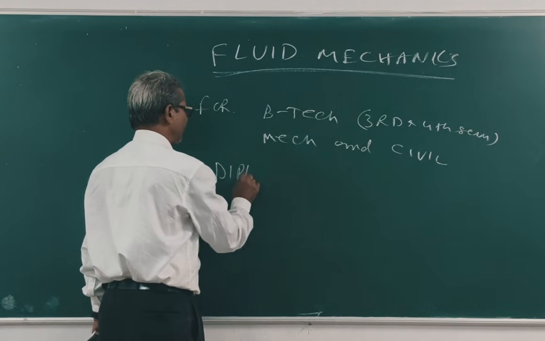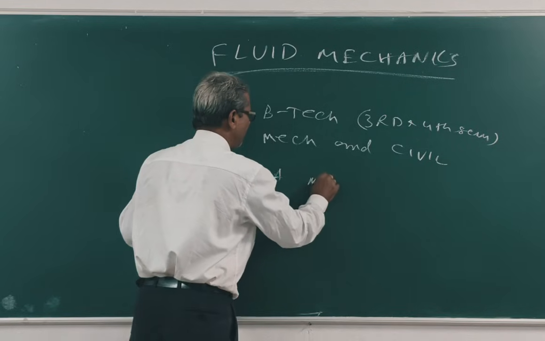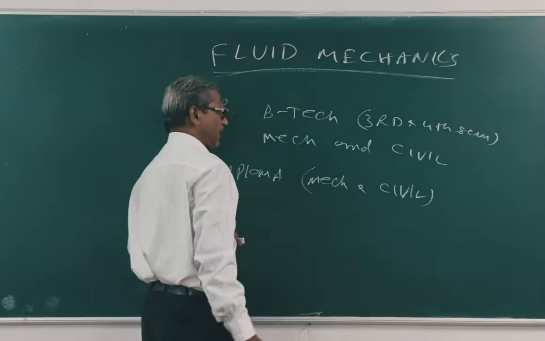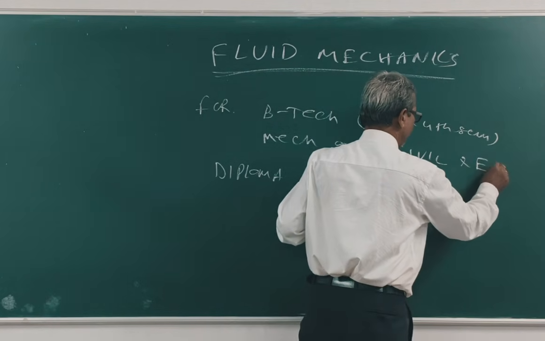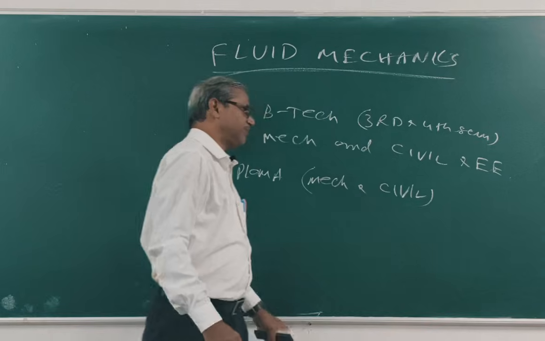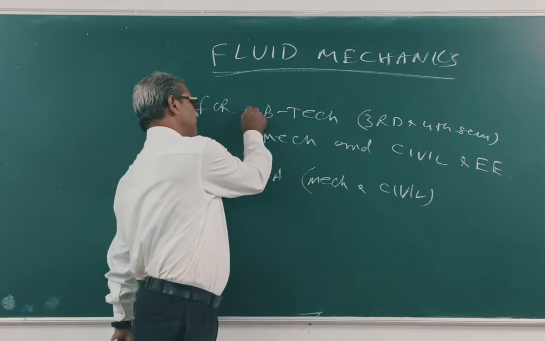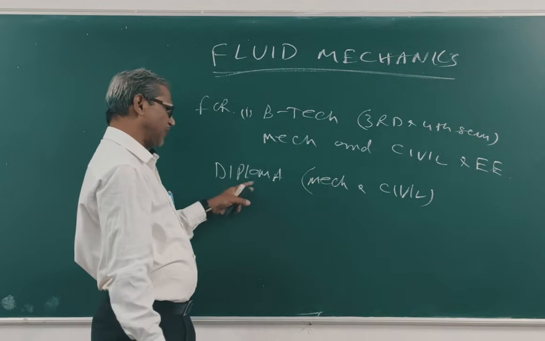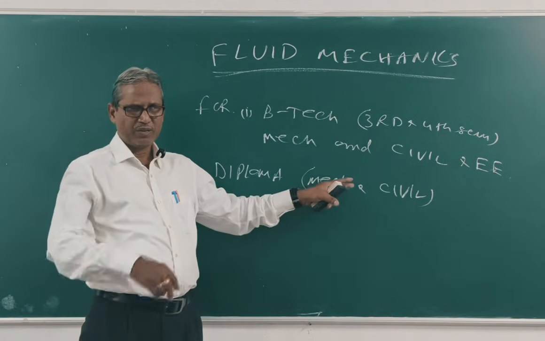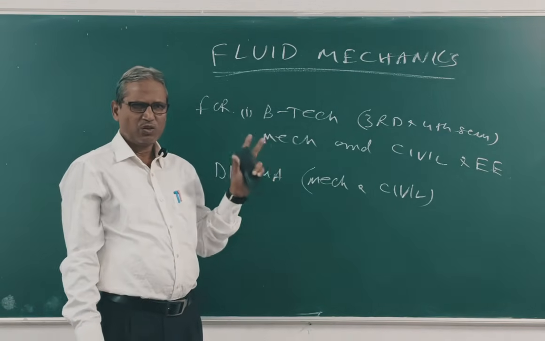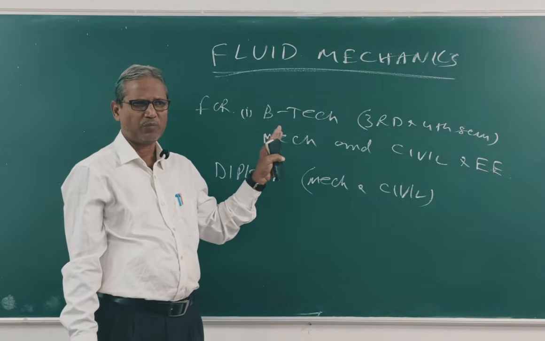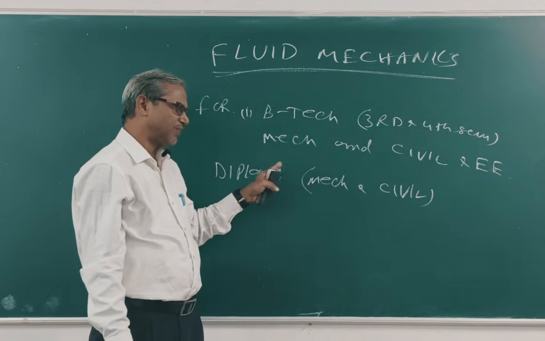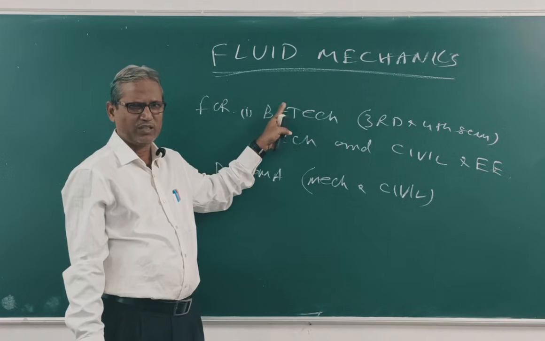Diploma, mechanical and civil, and electrical also, and double E. The subject is for BTech students, civil, mechanical, double E, electrical engineering, and for diploma students, both mechanical and civil. Some chapters are also used for plus 2, OJEE, JMN, NEET, etc. Clear? So follow, I will do clearly the theory as well as problems.